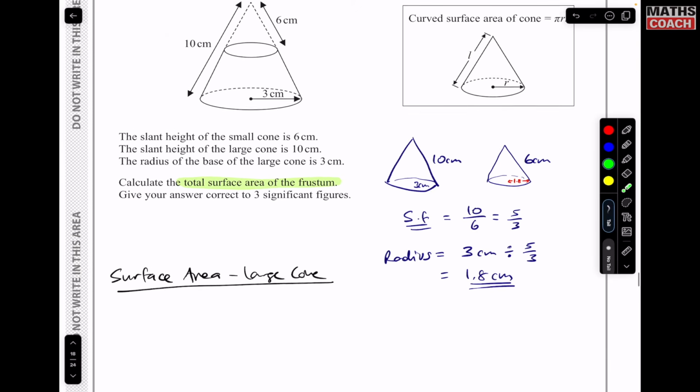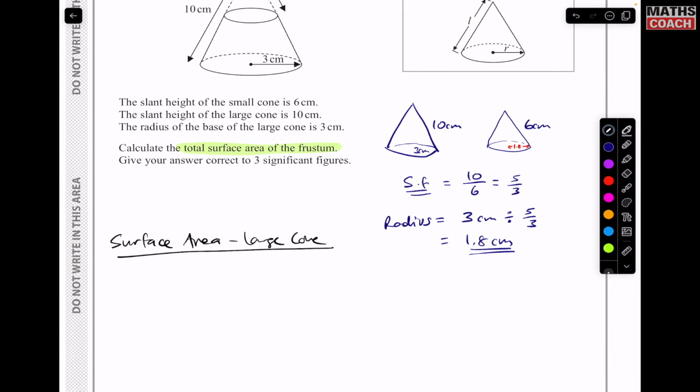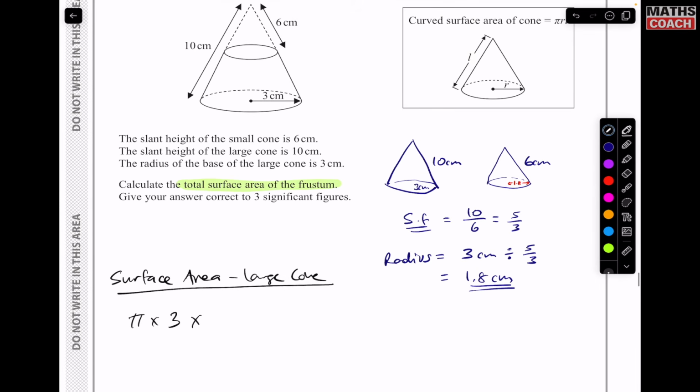So pi r L, so pi times r, which is 3, times the slanted length, which is 10. That is the curved part, plus the circle. So that's going to be pi times radius squared, right there.